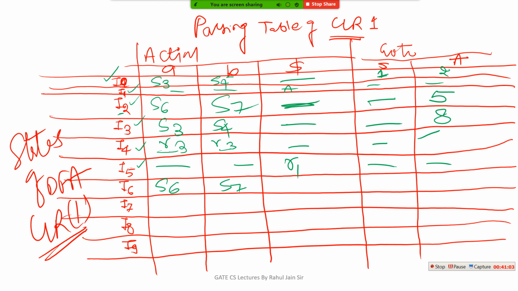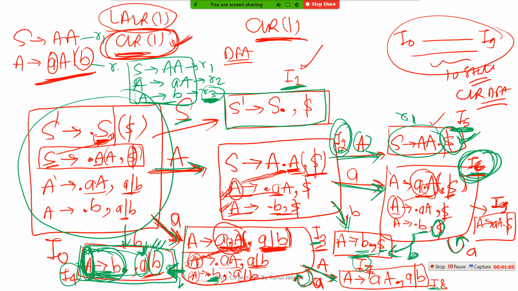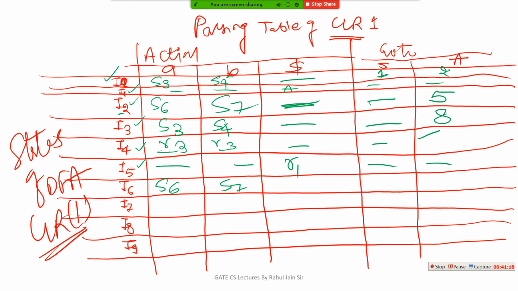And from I6 on capital A, that is on non-terminal A, I am moving to I9. So on A, I will write 9 here and all other spaces blank. Guys, are you getting the parsing table entries of I0 to I6?